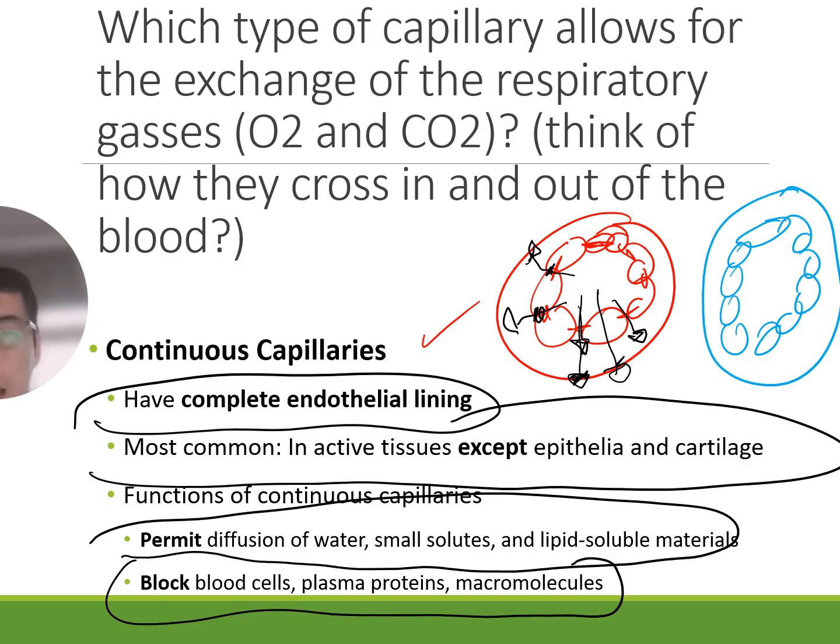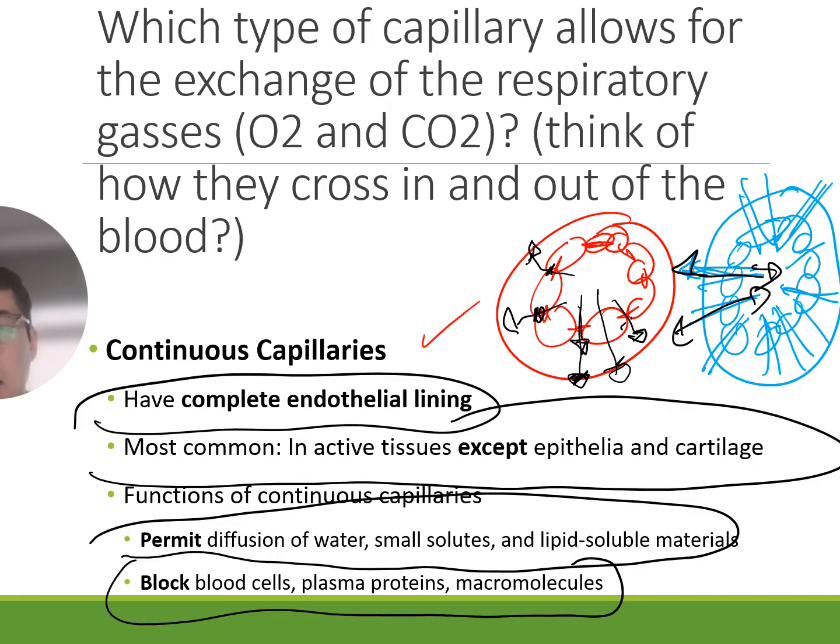Pores. And these pores are like channels through the cell that allow for rapid exchange of those solutes. In and out, in and out. But again, are we allowing large molecules to go in and out? No. It's just as big as the cleft of the continuous capillary.